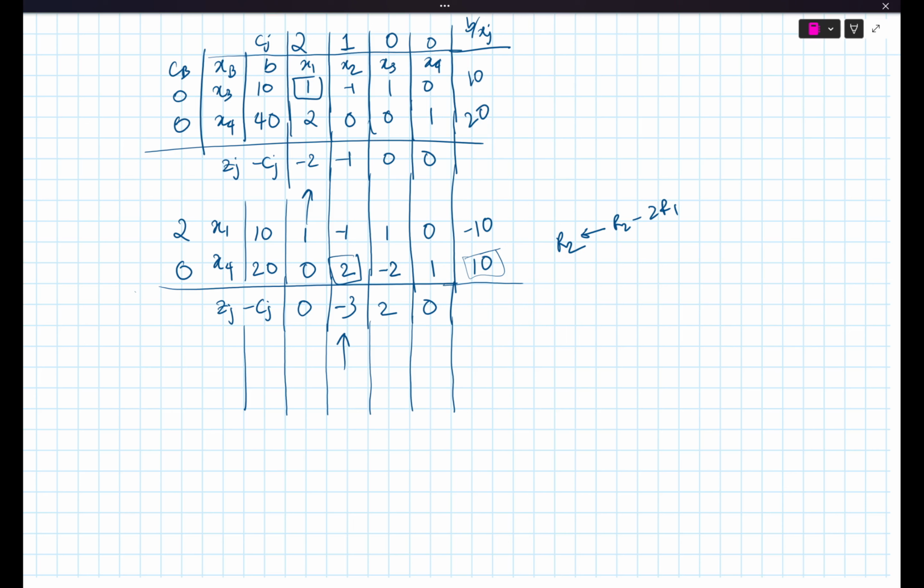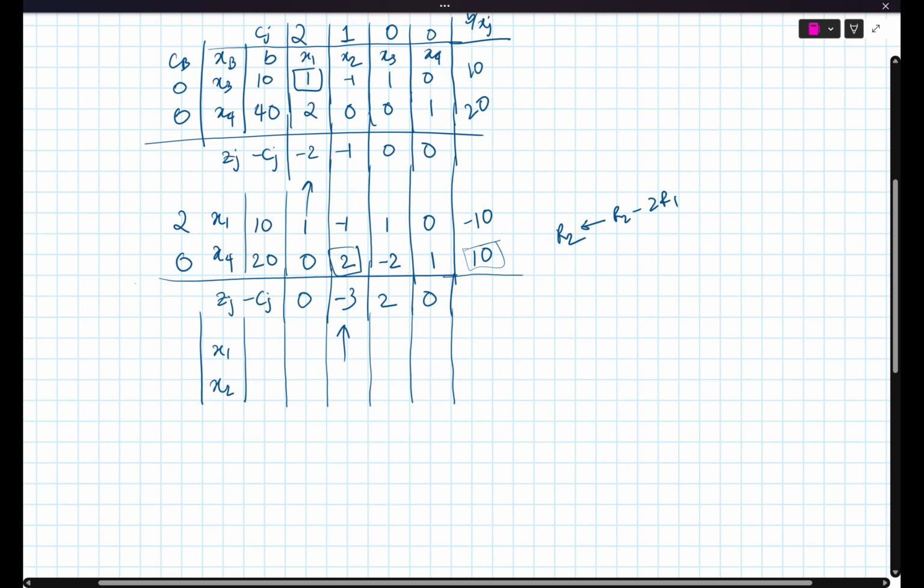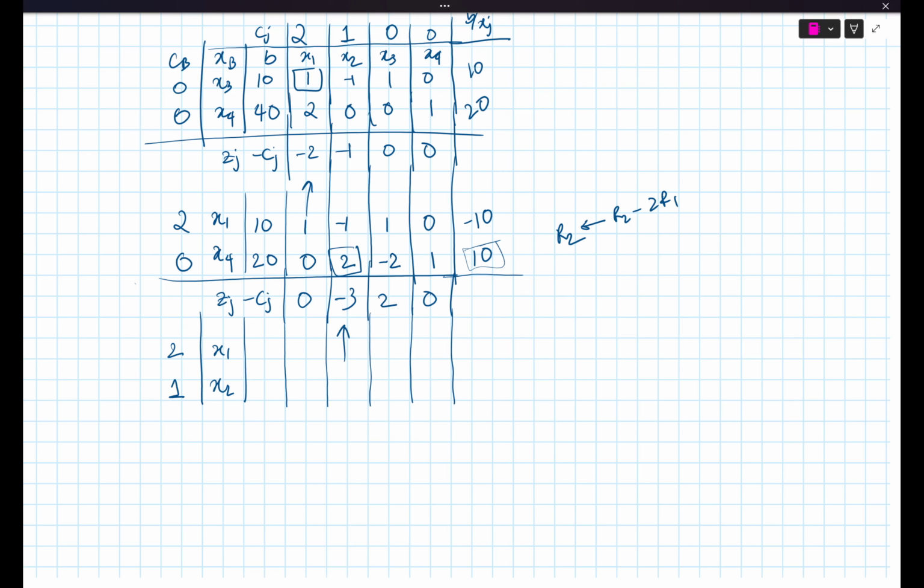So this is my pivot. So I have x1 and x4 departs and x2 enters. So I'll divide by 2 this row.